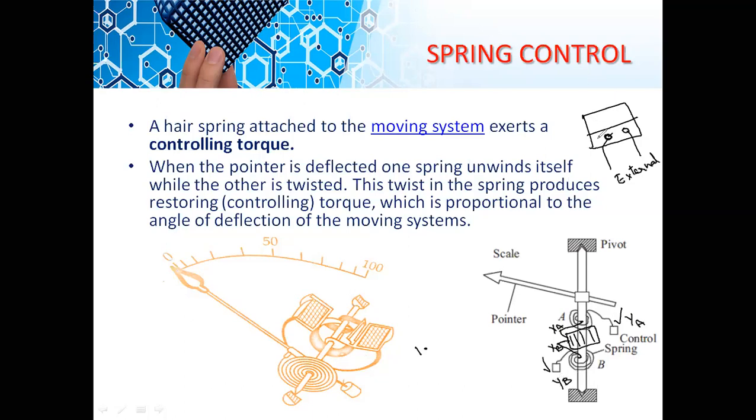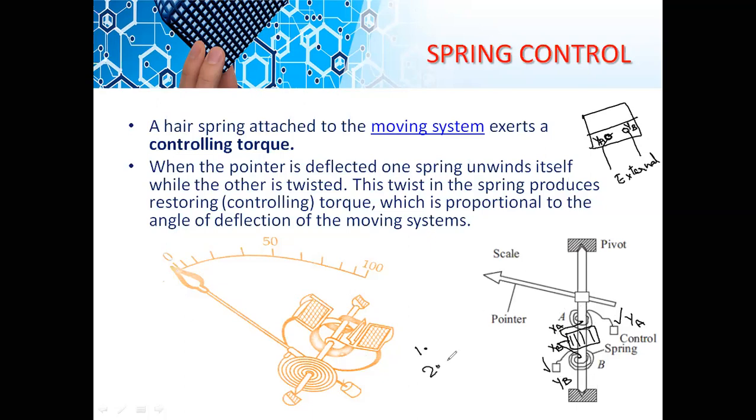YA and YB are projected outside in this manner, and XA, XB are connected to the coil inside the moving system. So for that purpose, two springs are useful.